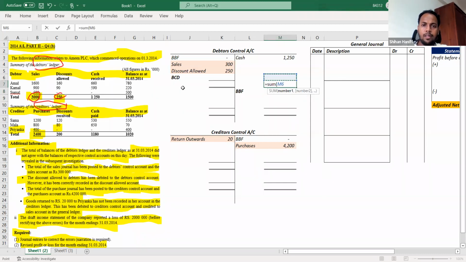Before correcting the error, this is the balance, 700. And creditors control account, purchases wrong balance, discount received 200. Cash 1,180. The balance.